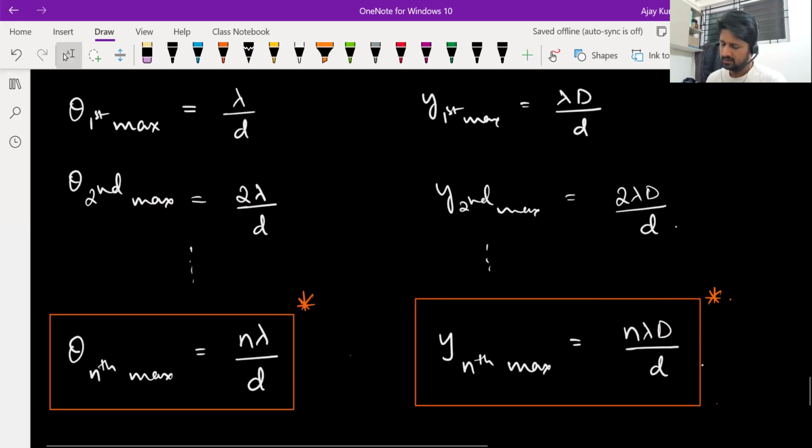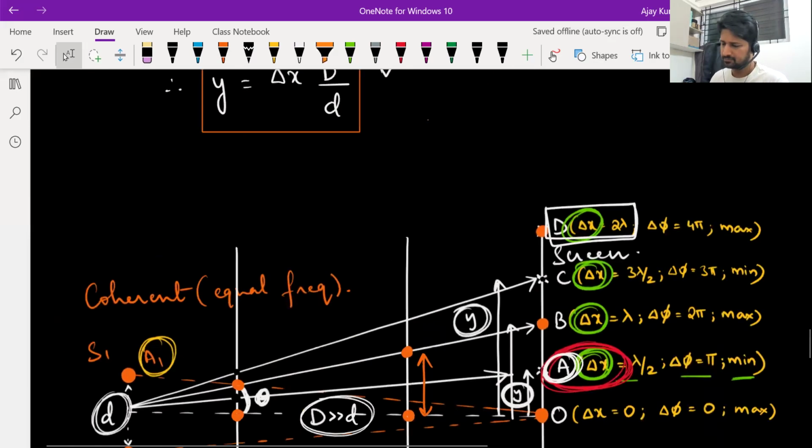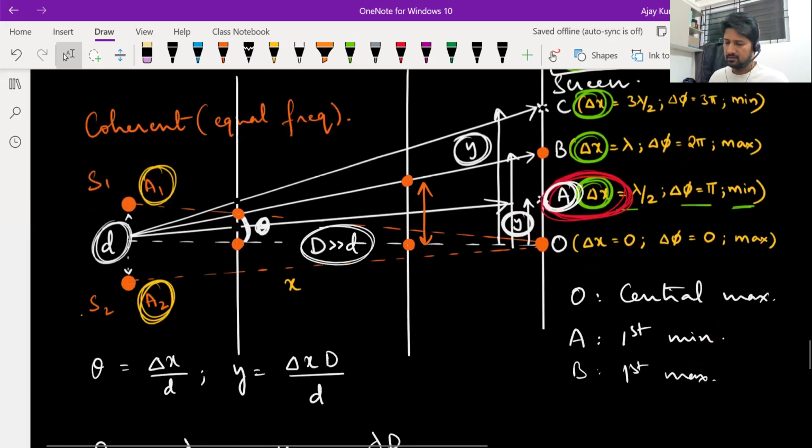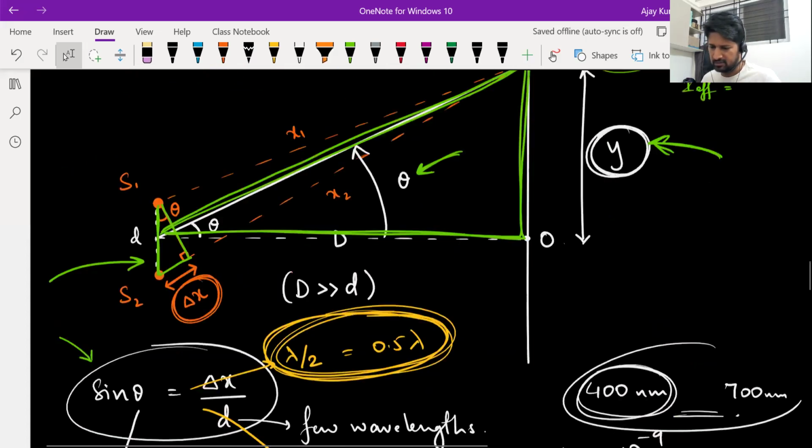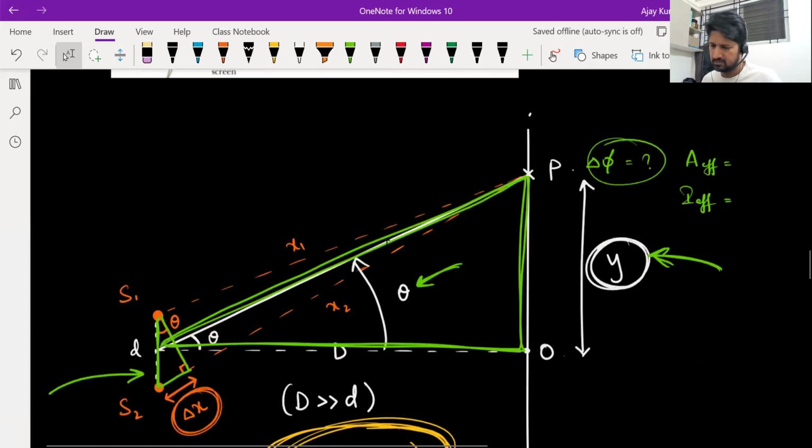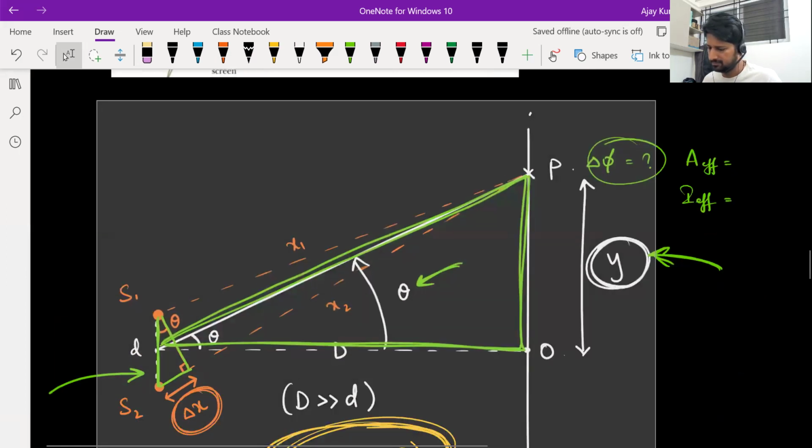Okay. Now, what is the purpose of this nth maximum angular position? Why don't we just find out the linear position? Let me copy paste the pattern again. Let's use this one.